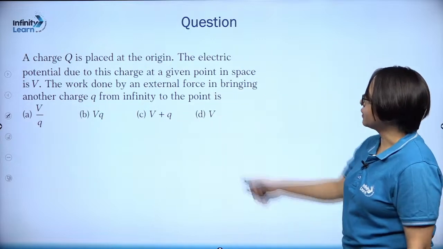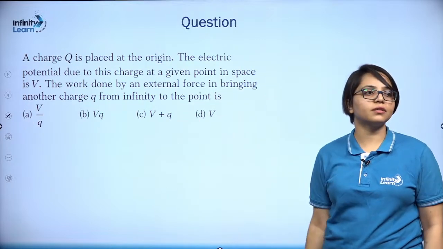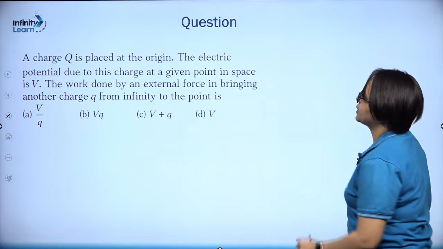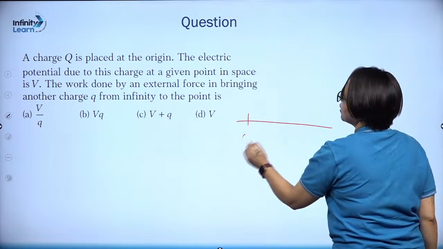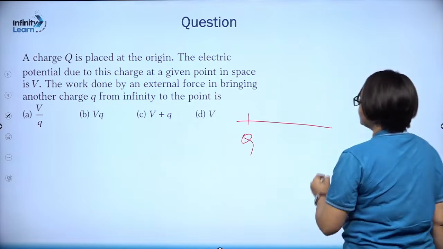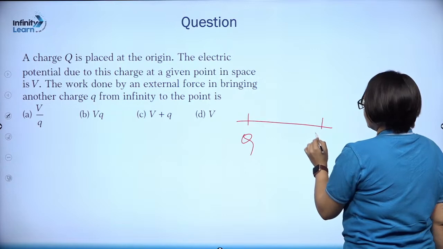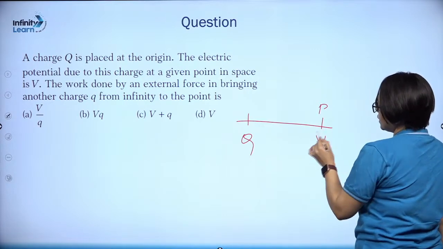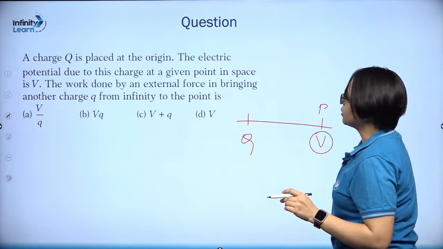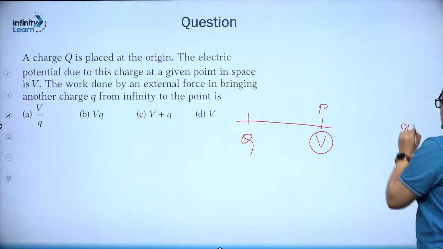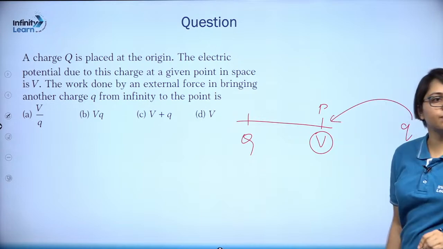Now let's try this one everyone, come on guys, I know you can do it. A charge q is placed at origin. The electric potential due to this charge at a given point in space is V. Let's say at this particular point P, the electric potential due to this is V. Then what is the work done by the external force in bringing the charge from infinity to this point P?